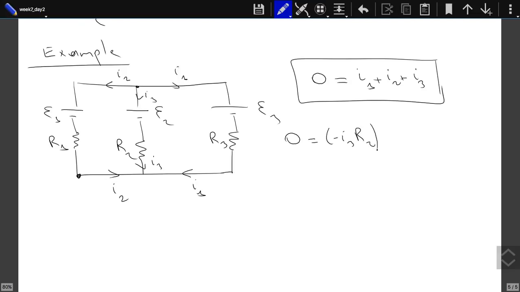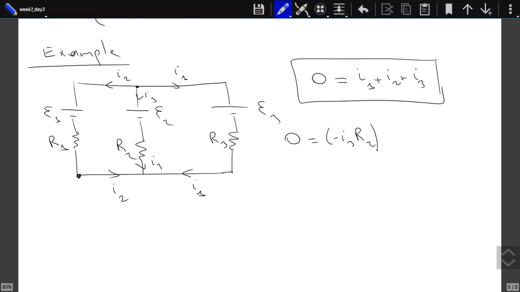Why? Because if I3 is positive, this point has a larger potential than this one. So as I go from this one to here, I'm going over a potential increase, which is a negative potential drop. So if I3 is positive, the potential drop is negative. I3 is positive, R2 is positive, so I insert that minus 1.